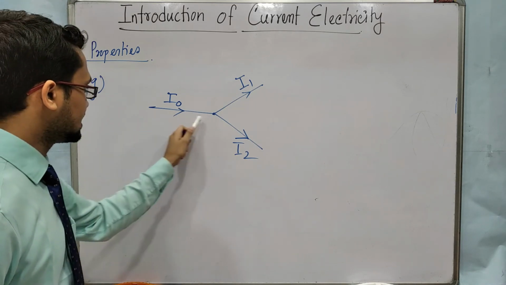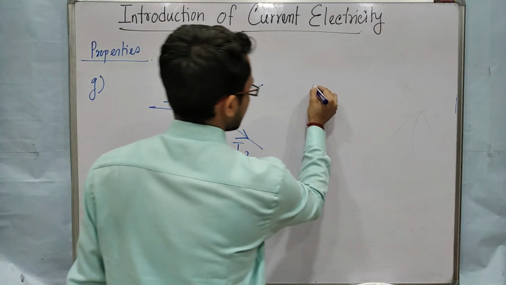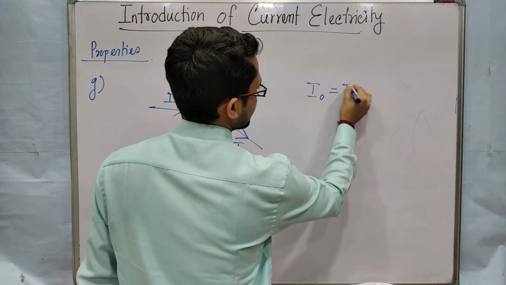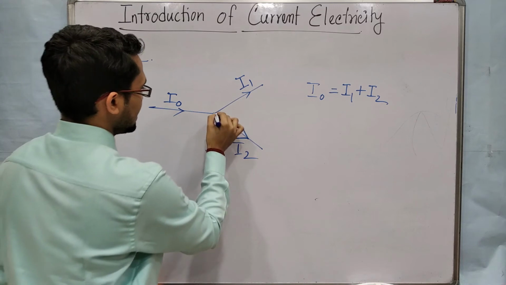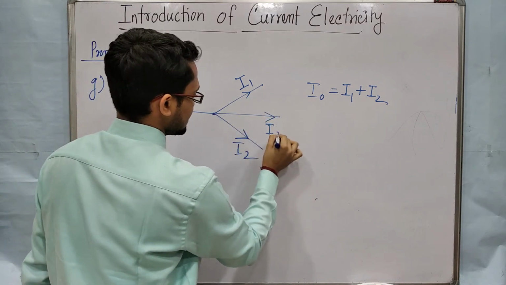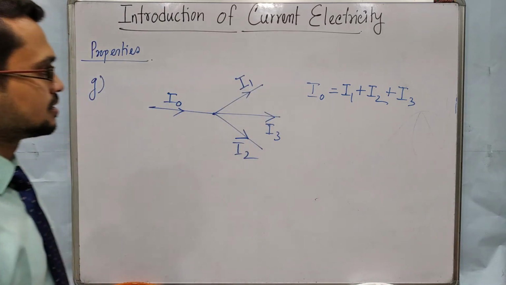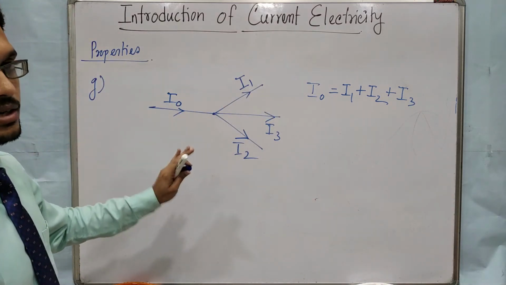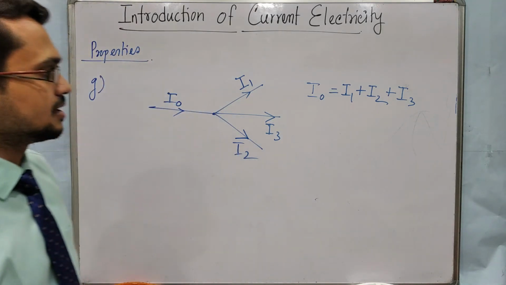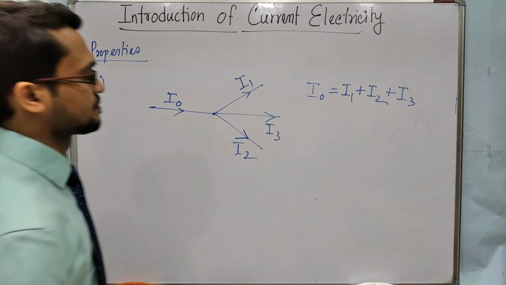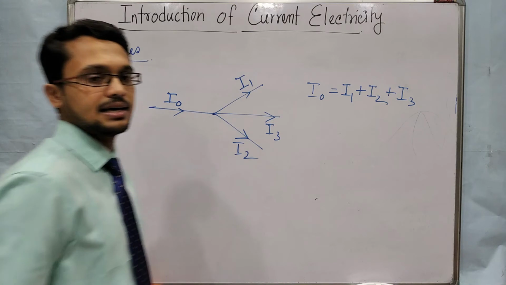So this total current I0 is getting divided at this point, so we can write I0 equals I1 plus I2. If there is another division, then plus I3 also. As current is not a vector quantity, we can simply add them or simply divide them. I1 plus I2 plus I3 equals the total current I0.